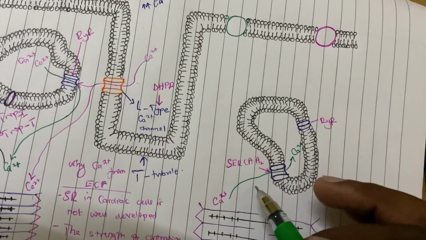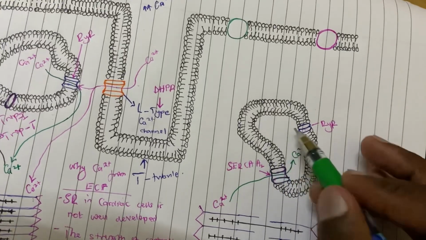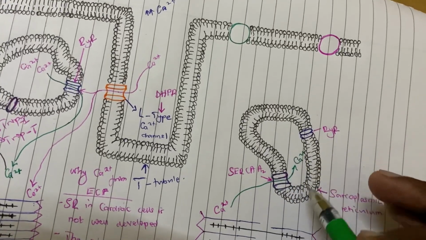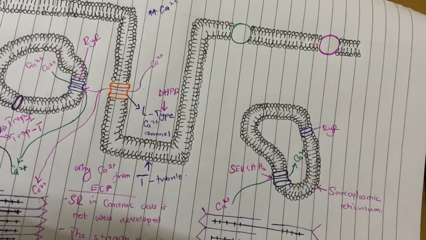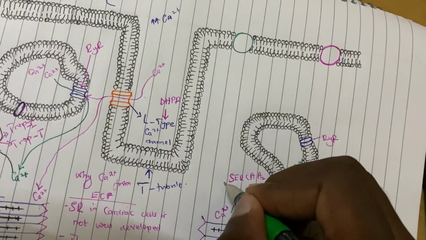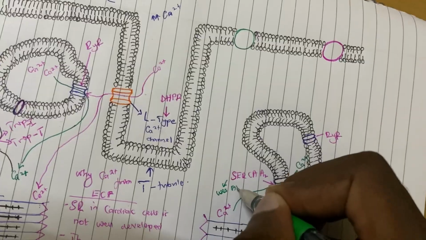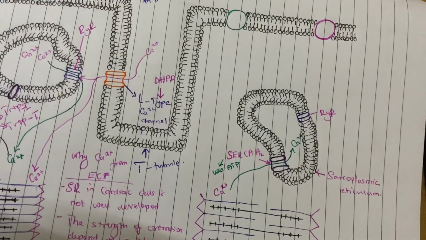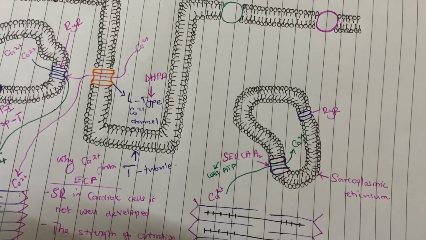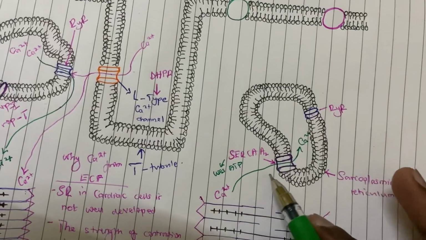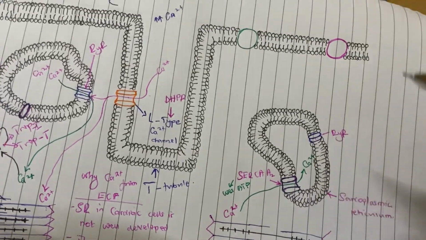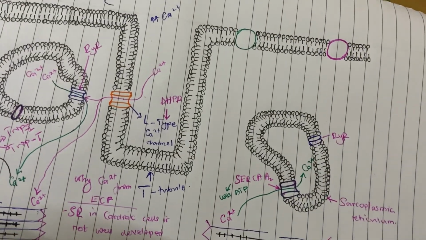Why is it an active process? Because this has a lot of calcium inside, so if you want to put more calcium inside, you must use energy. So it is an ATPase because it uses ATP. ATP is the source of energy. It's a pump, it pumps calcium against its concentration gradient into the sarcoplasmic reticulum.